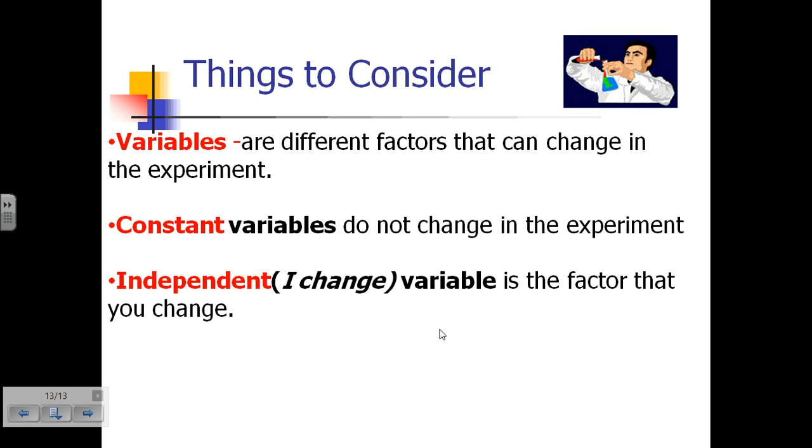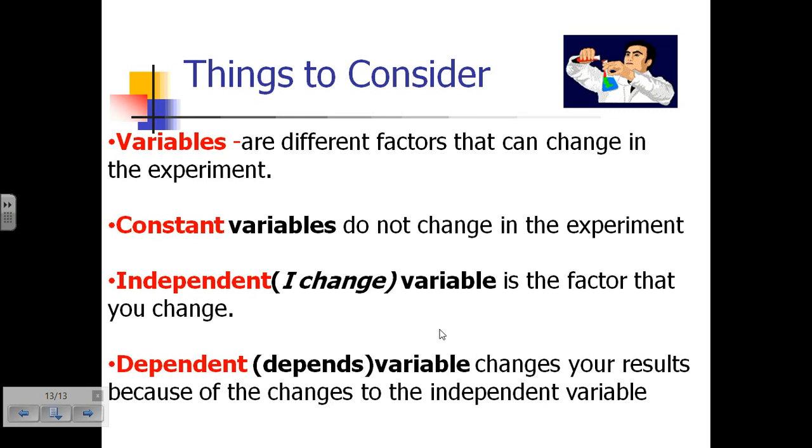Now, as a result of you changing those independent variables, you get something called the dependent variable. Hence, the word dependent, meaning it depends on the independent variable in this case, and it changes your results based on your independent variable. If you decide to test different types of jackets, if you use a wool jacket and a cotton jacket and you decide to use a paper plate jacket, those variables are going to determine how warm you get.